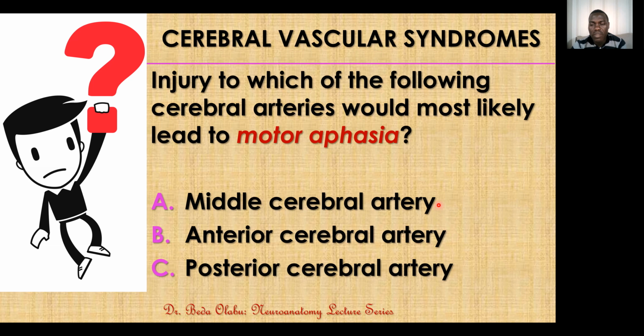Middle cerebral artery predominantly supplies the lateral surface of the hemisphere. It runs within the lateral sulcus. So back to you, out of these three arteries, which one will actually supply the Broca's cortex?